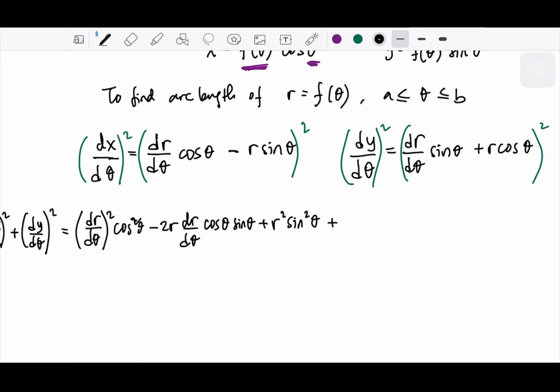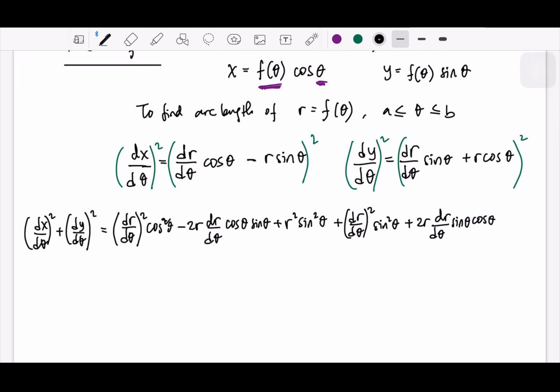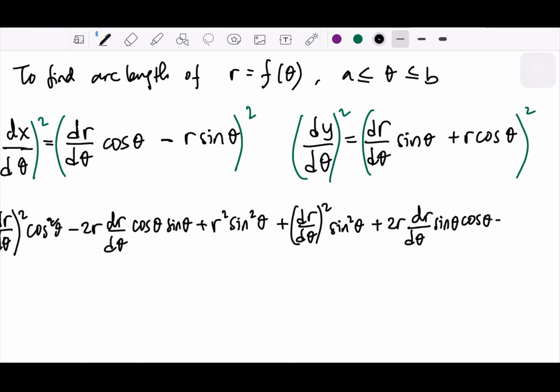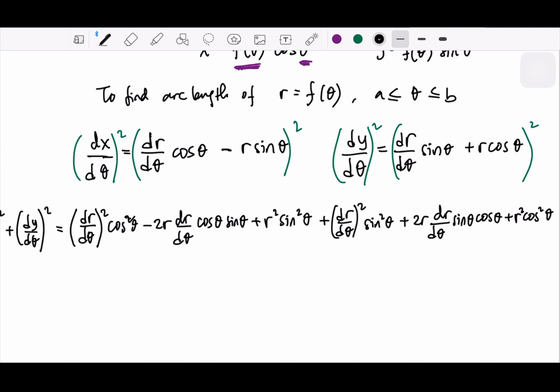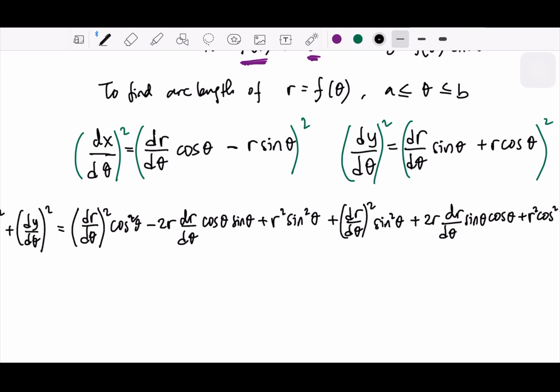And then plus dr over d theta squared sine squared theta plus 2r dr over d theta sine theta cos theta. And then plus r squared cos squared theta. Okay, enough here.